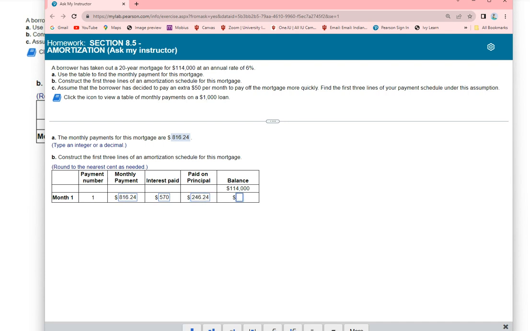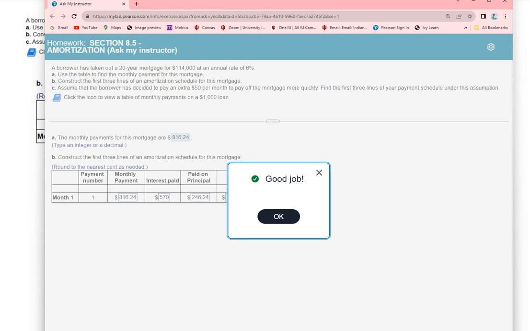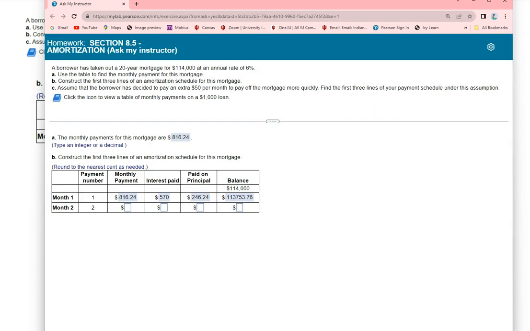And then you take that number and subtract it from the $114,000 and get $113,753.76. Good job. That's just the first line. When I hit OK, the next line pops up.